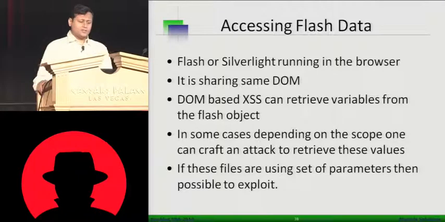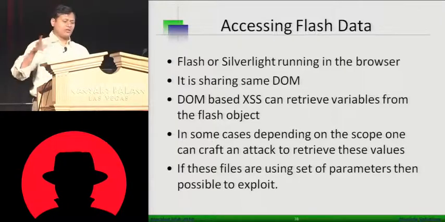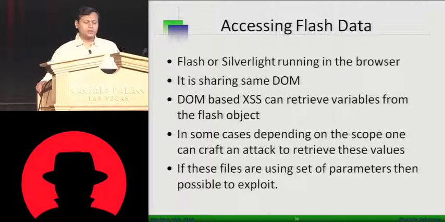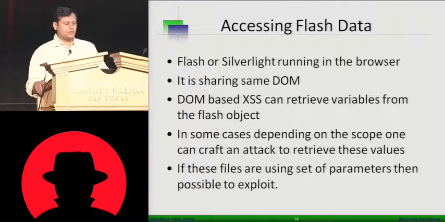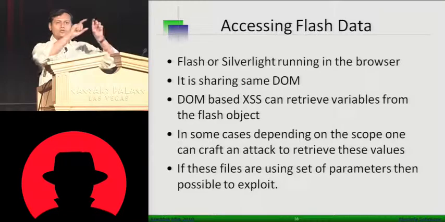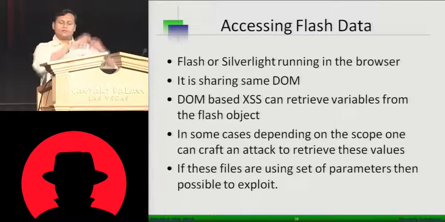Second area is the same concept applicable to RIA applications, which are running on Flash or Flex. So you have a Flash or a Silverlight running in the browser. It is essentially sharing the same DOM. So you have the whole DOM, and then there is one piece of information which is running in the Flash.